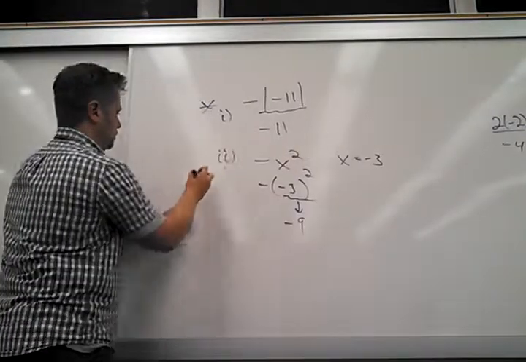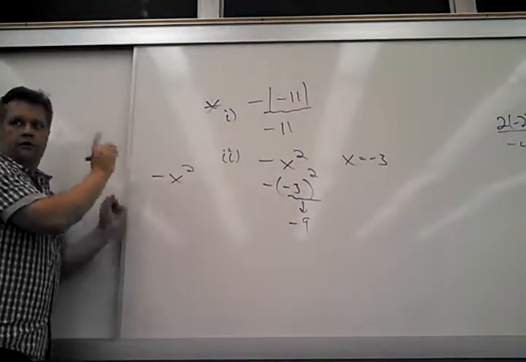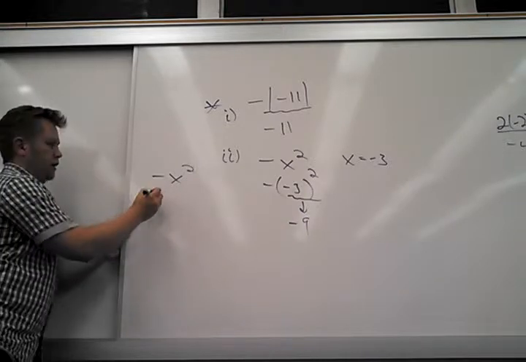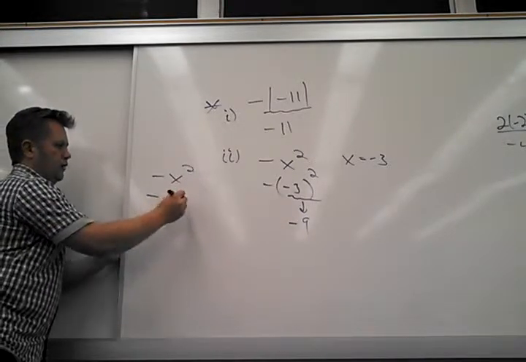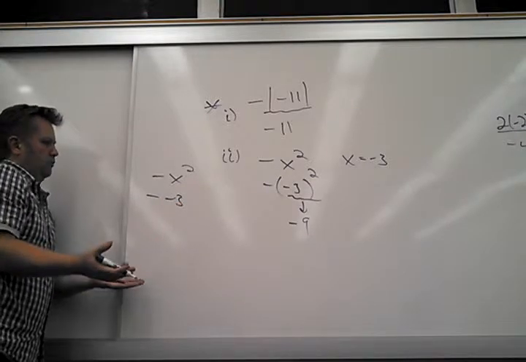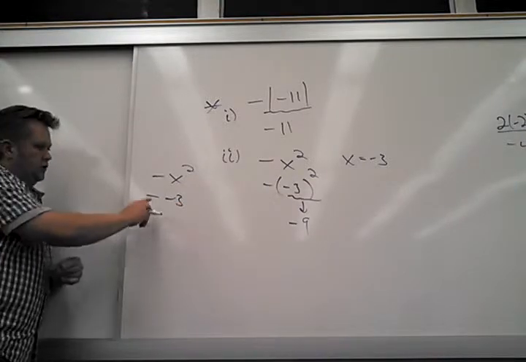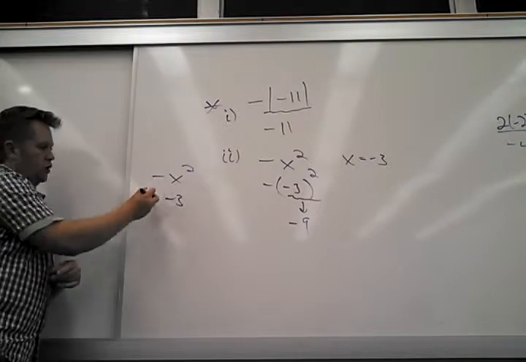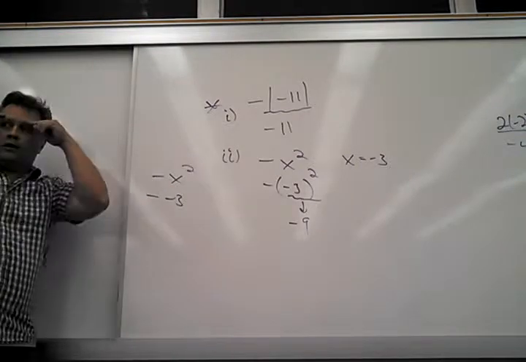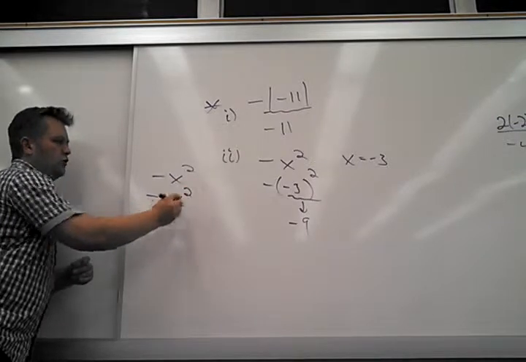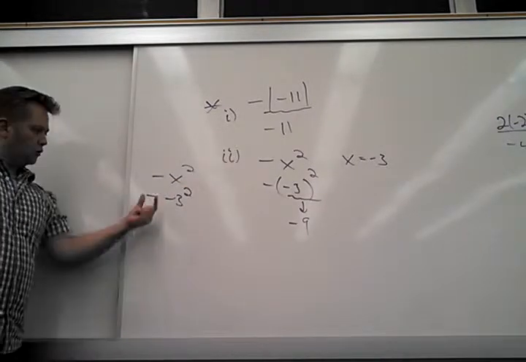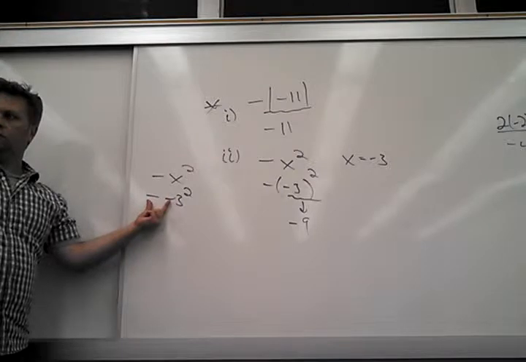All right. So if you took this problem and you wrote it, now you have to help me, because I don't know how to write this without parentheses. X is negative 3. So right there, I need parentheses no matter what to separate these two, so they don't become one giant connected thing. But if I do this, those two negatives should be able to do what?